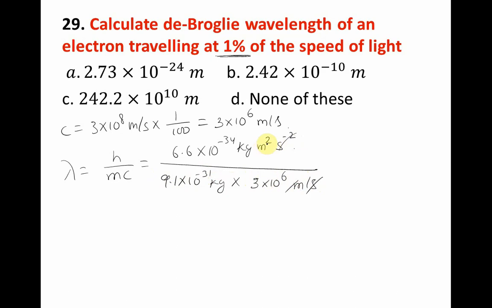The kg and meters cancel out. So the wavelength lambda is 2.42 into 10 to the power of minus 10 meter.